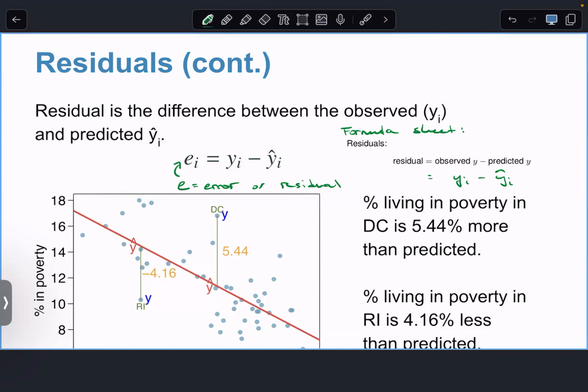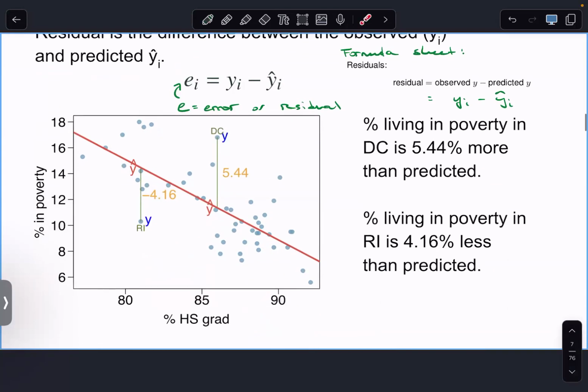If we talk about DC, where's DC here? We have this observed value of y, but at that same value of x, I can use the model that we were given to predict the value of y.